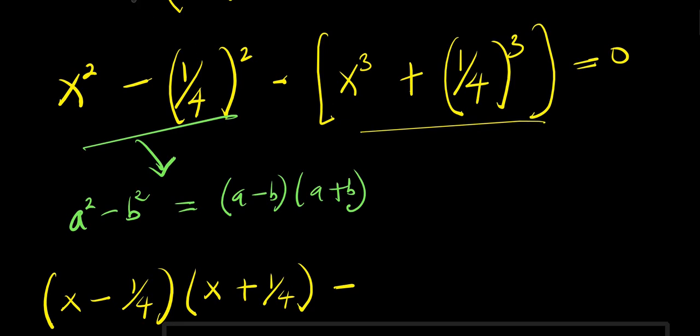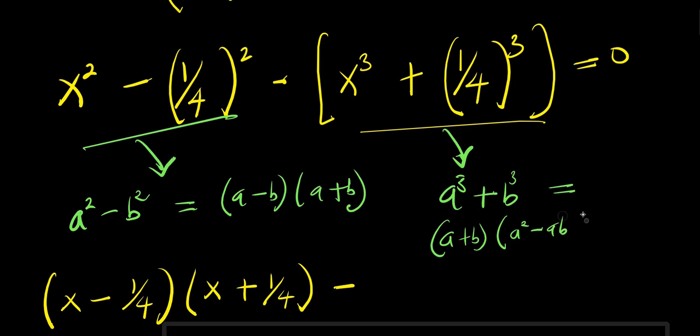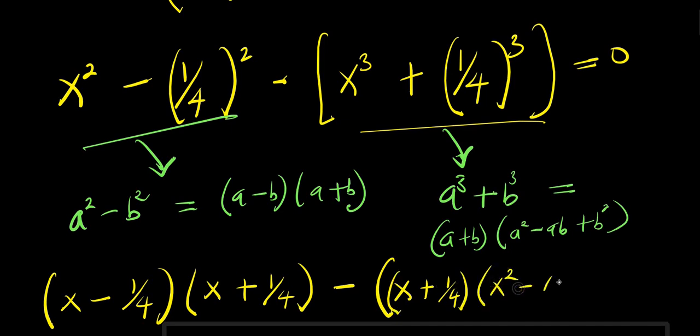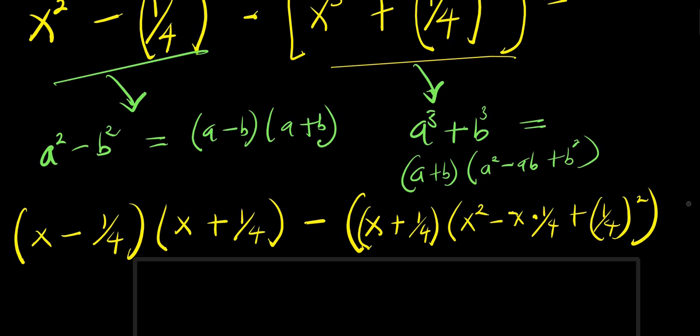To expand this, if you have a power 3 plus b power 3, this equals a plus b times a squared minus ab plus b power 2. So this will give us x plus 1 over 4 times x squared minus x times 1 over 4 plus 1 over 4 power 2, and this equals 0.